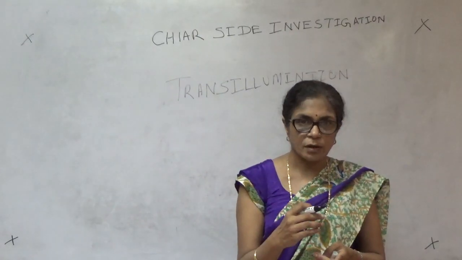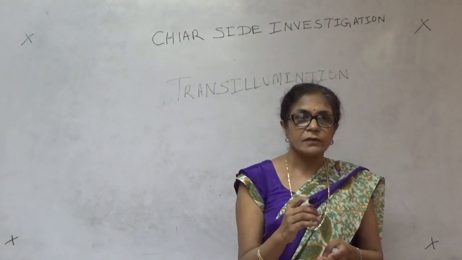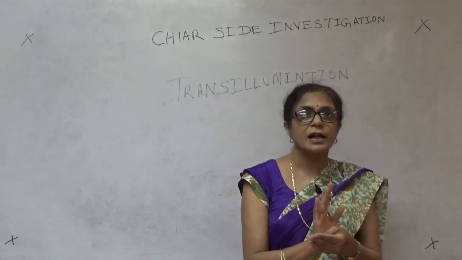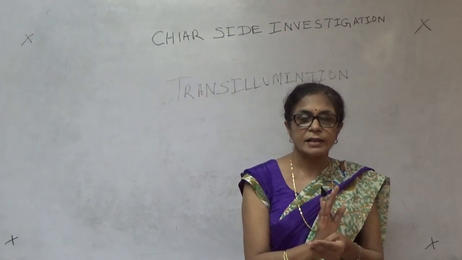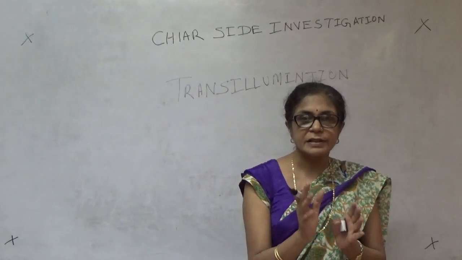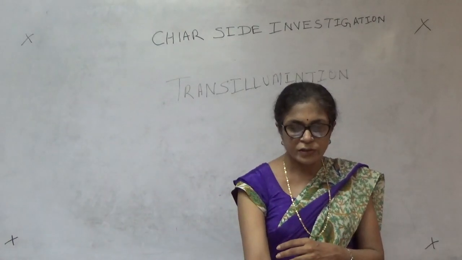In dentistry, it is very much used. We do the toluidine blue test, and that area will appear dark blue, and the area which is not dark blue, that means it has not uptaken. There is no dysplasia in that region. That is also a test.